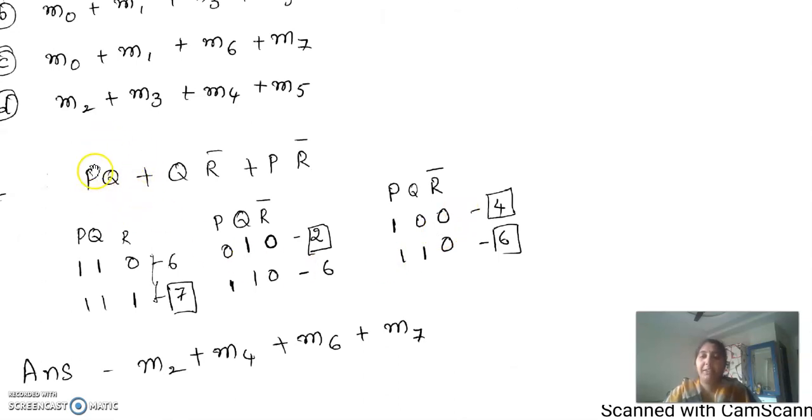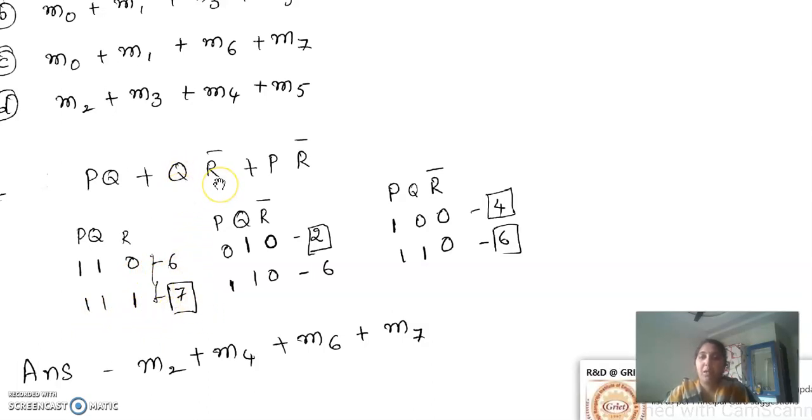In the first term, r is missing, and for this r we should write both combinations, r and r'. For the cube pq, it is clear that p equals 1 and q equals 1, and r is missing, so we consider both values, 0 and 1. So 110 represents the minterm 6, and 111 represents the minterm 7.